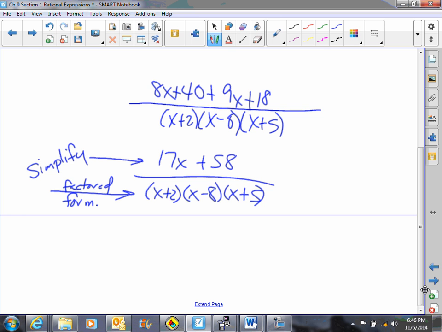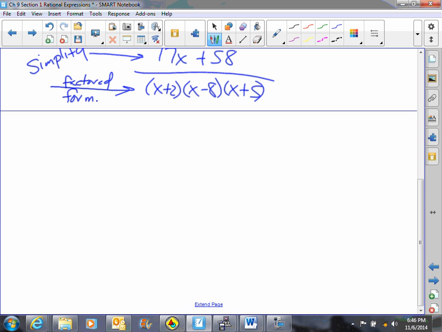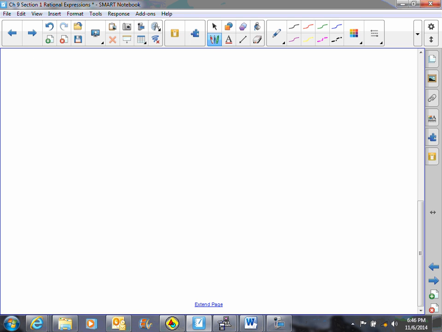All right, now, we want to take a look again at complex fractions. So what we've done so far is we've looked at complex fractions that had the same denominator in the numerator and in the denominator. So what we're going to do this time is we're going to try a complex fraction where the fractions in the numerator and the denominator have a different denominator.